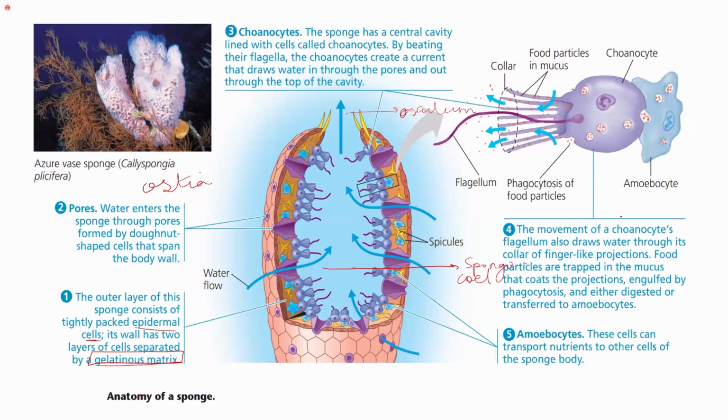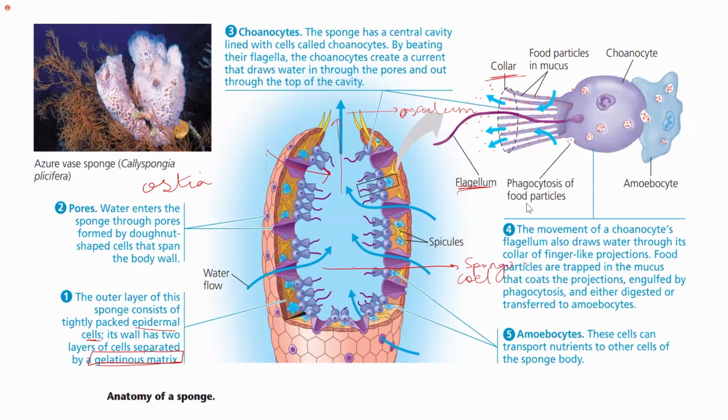So this is the large structure of the choanocytes. The choanocytes or collar cells have a collar-like structure which has a flagellum, right? This flagellum beats and allows the water to move inside the body.